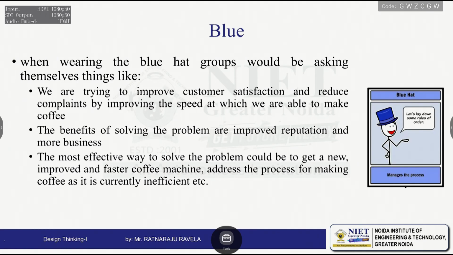The most effective way to solve the problem could be to get a new, improved and faster coffee machine, or address the process for making the coffee, as it is currently inefficient, etc. Okay, so this is seeing the overall picture, like a manager. It will be seeing the problems. So finally they may come up with these kinds of ideas.